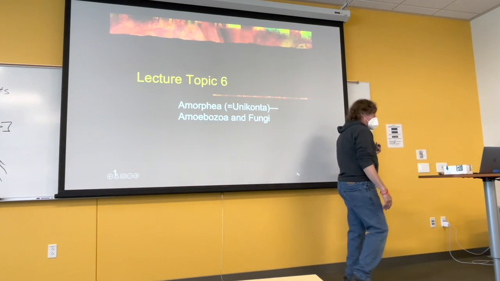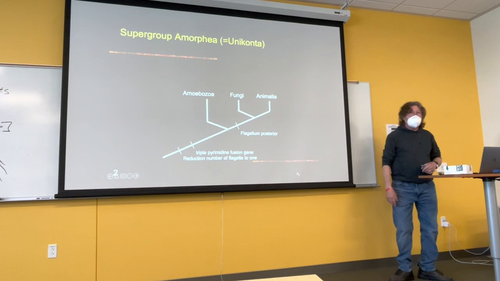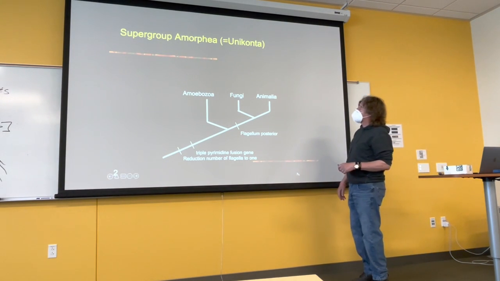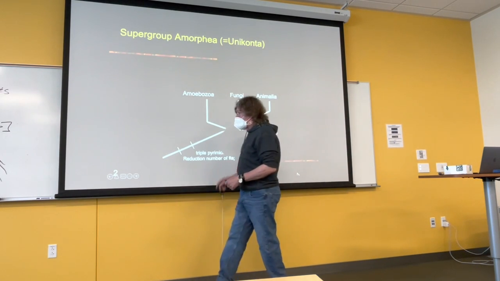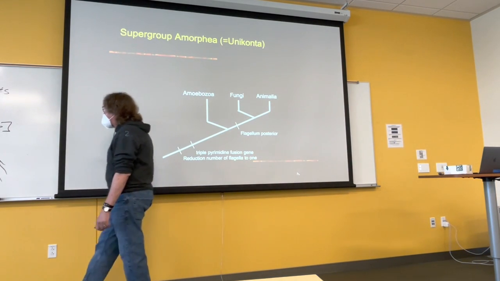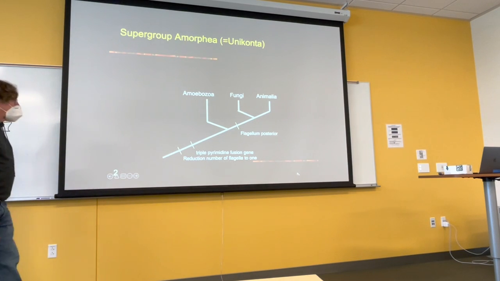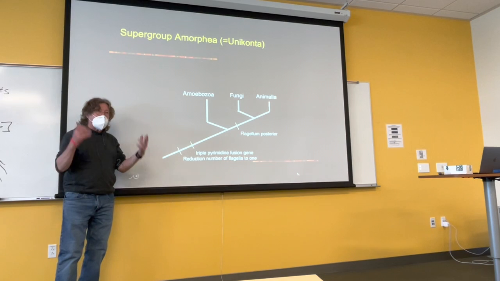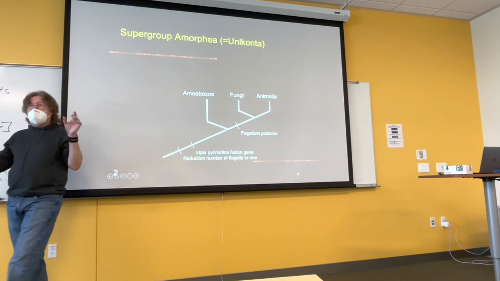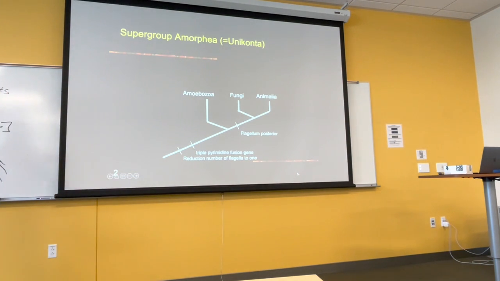All right, so this is the breakdown of this so-called supergroup. As I already mentioned, an apomorphy for the clade is the triple pyrimidine fusion gene. That's a gene made of 3 different genes that have fused together in this lineage.